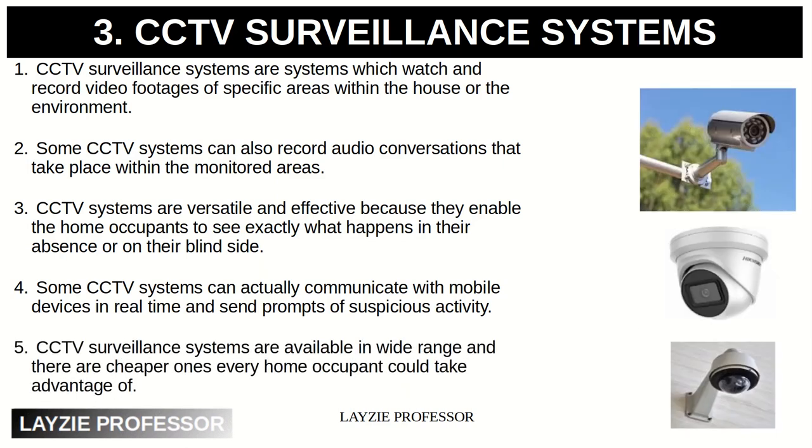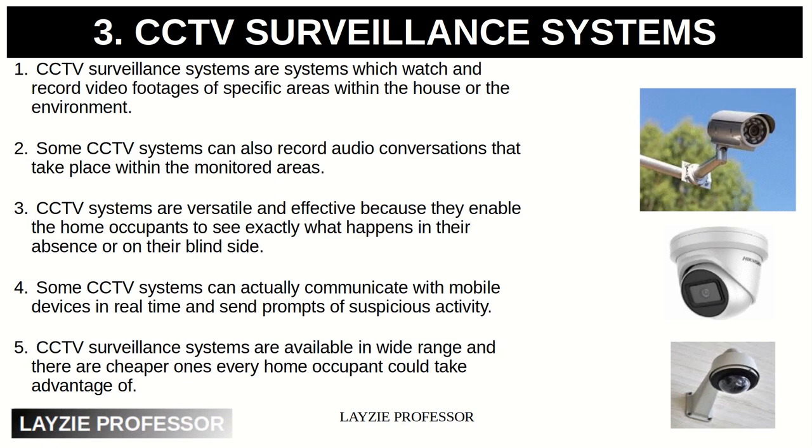Now, CCTV surveillance systems are available in many different designs, and they come in a wide range. There are cheaper ones available, and there are very expensive ones available. There are ones in between, and every home occupant could take advantage of any of these systems to safeguard the security of their houses.